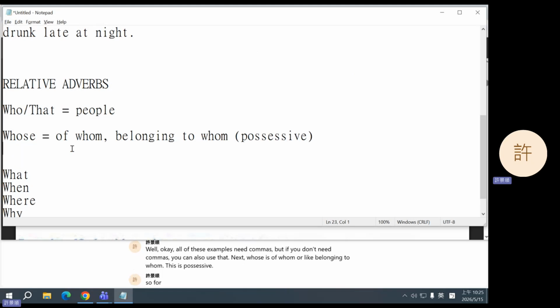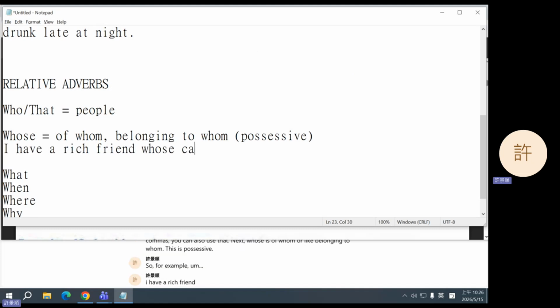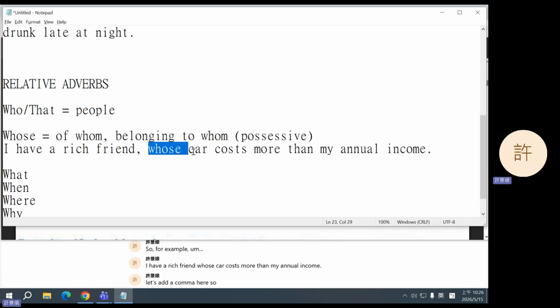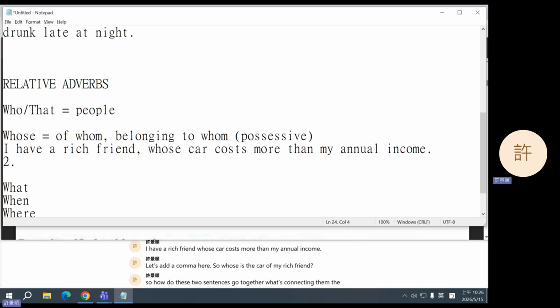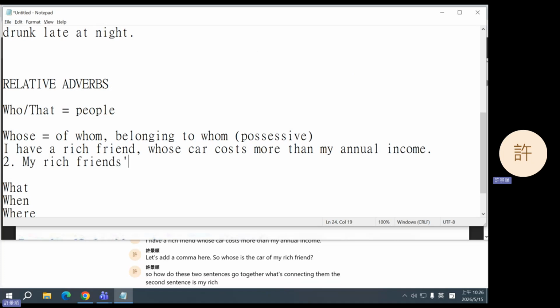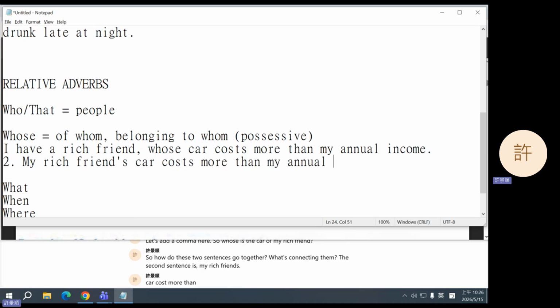So for example, I have a rich friend whose car costs more than my annual income. Let's add a comma here. So whose is the car of my rich friend. So how do these 2 sentences go together? What's connecting them? The second sentence is my rich friend's car costs more than my annual income.